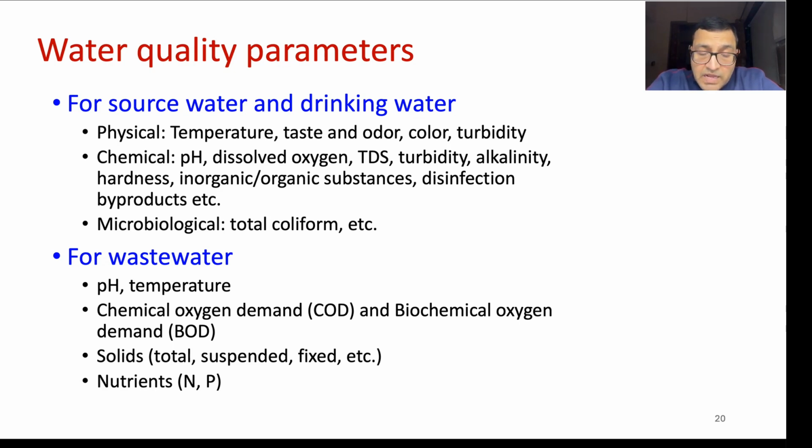Microbiologically, we measure pathogens, coliforms, and in wastewater, we measure some of these similar ones like pH and temperature, but then also we measure COD, chemical oxygen demand, and biochemical oxygen demand. Some of you might be aware of these terms and metrics. We'll talk more about these as we go through the course.